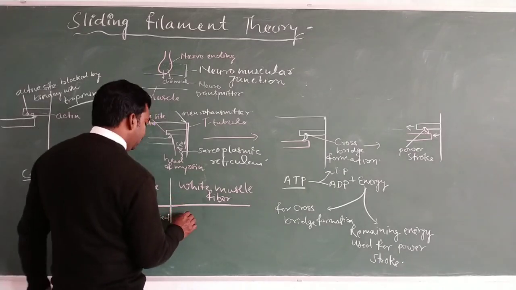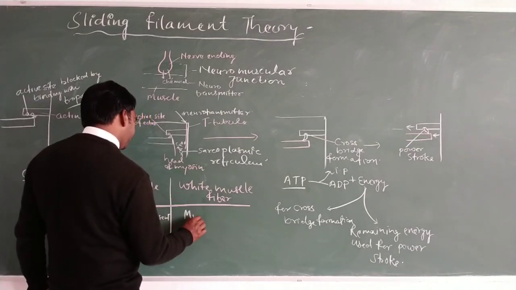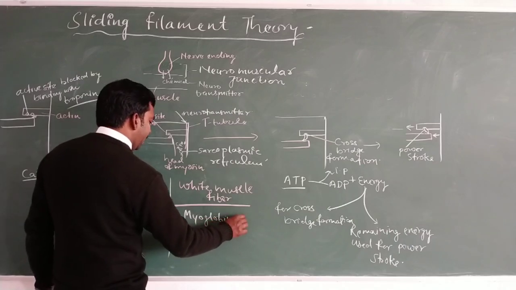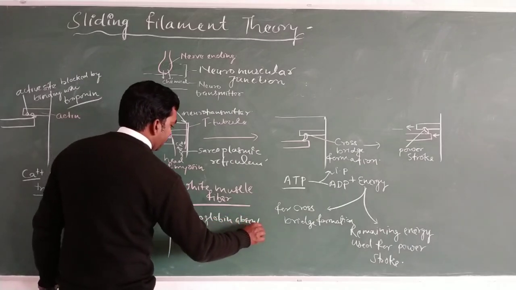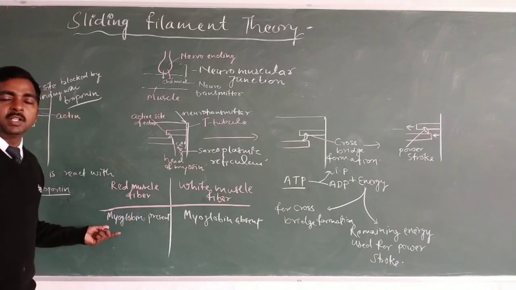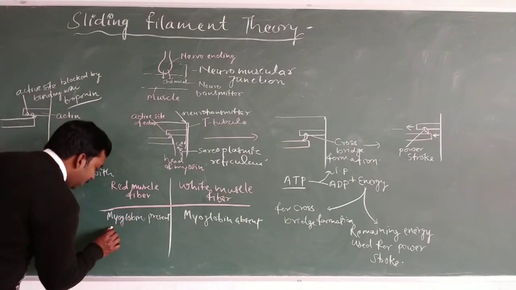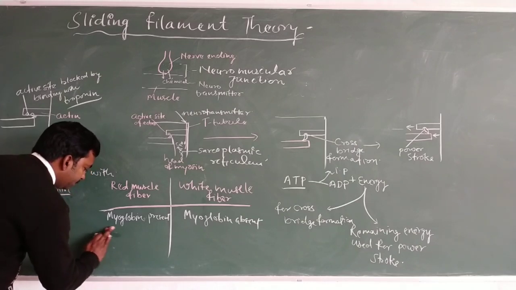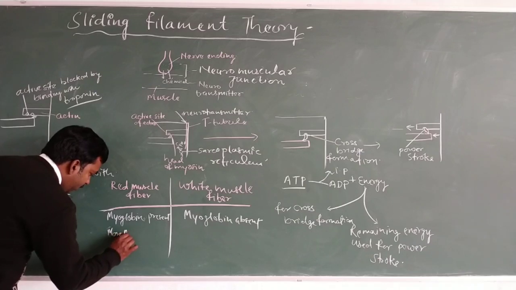And here myoglobin is absent. So myoglobin is a pigment, and the red muscle fiber contains a large amount of mitochondria.